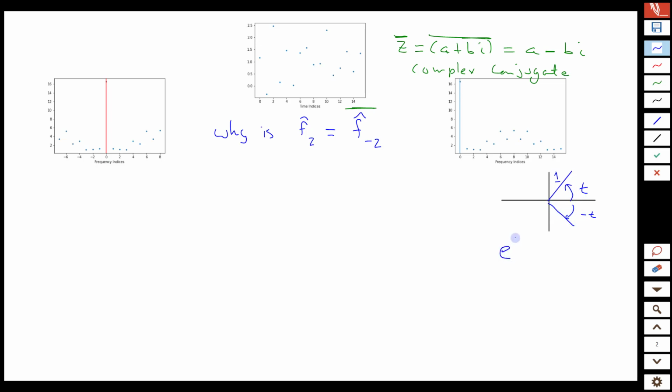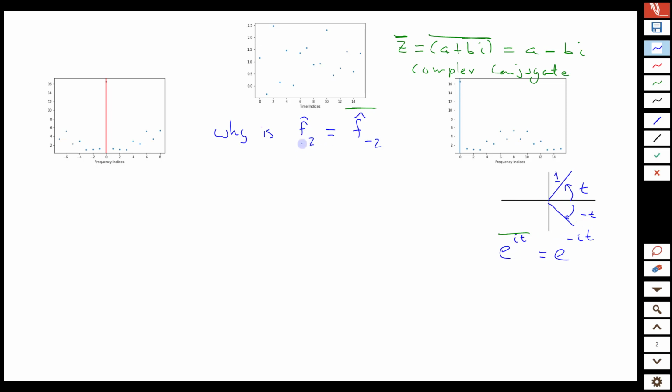So if I take e to the it and do the complex conjugate of it, then that's exactly the same as e to the -it. All we have to do is swap the sign in the exponent, because that changes the angle to count in the other direction. So complex conjugates have really nice, simple relationships when we look at them, both in the Cartesian form, a plus bi, the left and right, up and down, and also the angular forms.